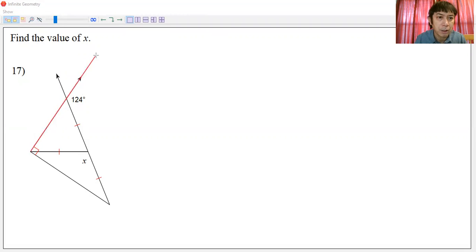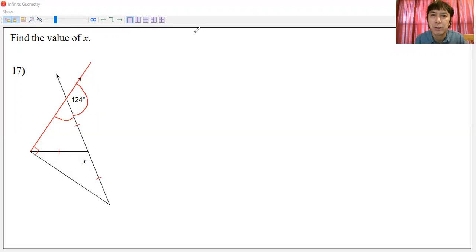If that one is straight, we have another linear pair, which shows us that this angle plus this angle should be a linear pair, and they are supplementary.